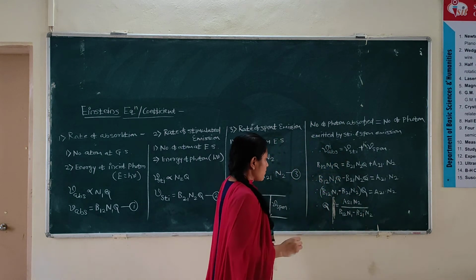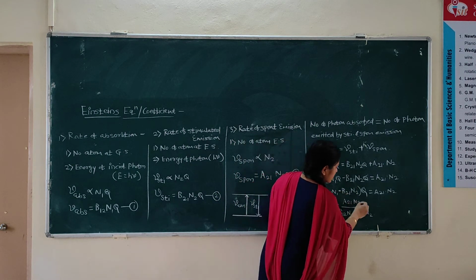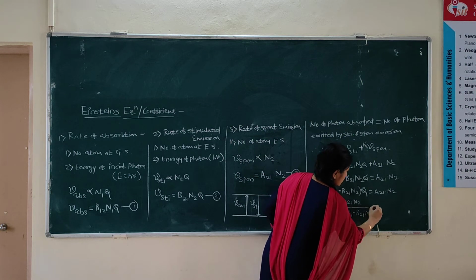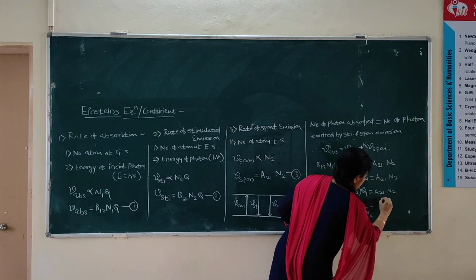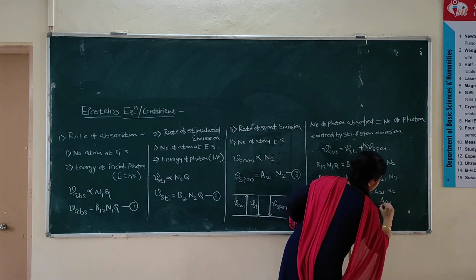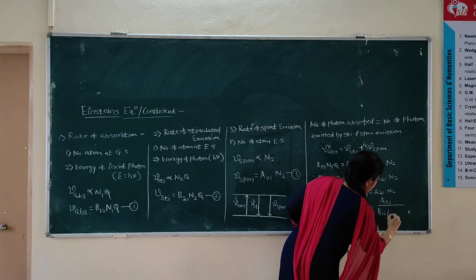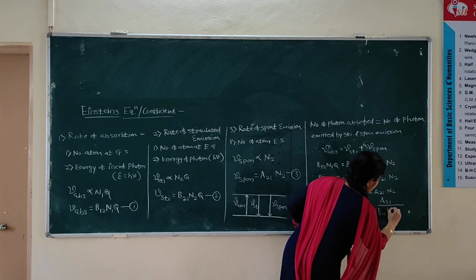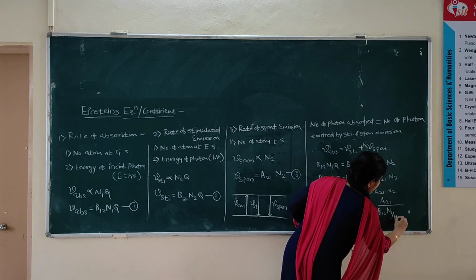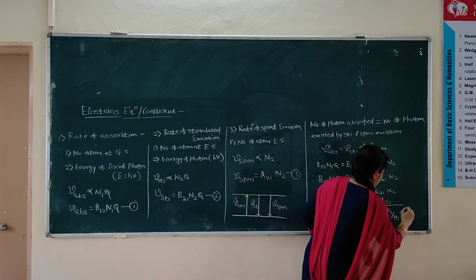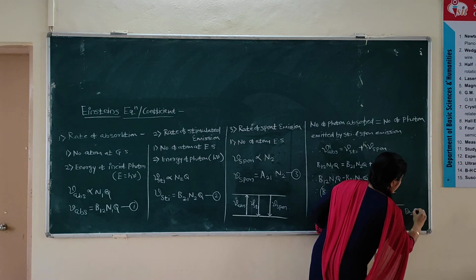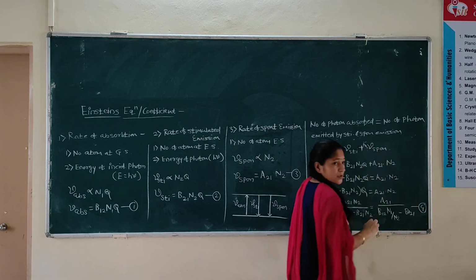Now again, dividing by N2, we can write this equation like this: A21 divided by B12 N1 divided by N2 minus B21. Give equation number 4.